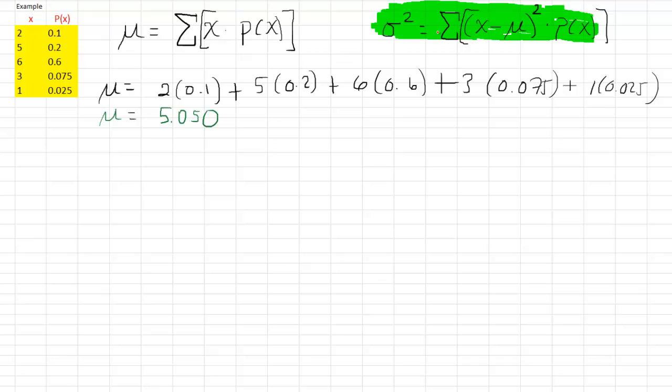We square it, and then we multiply it by the corresponding probability. And we do that for every x that we have.